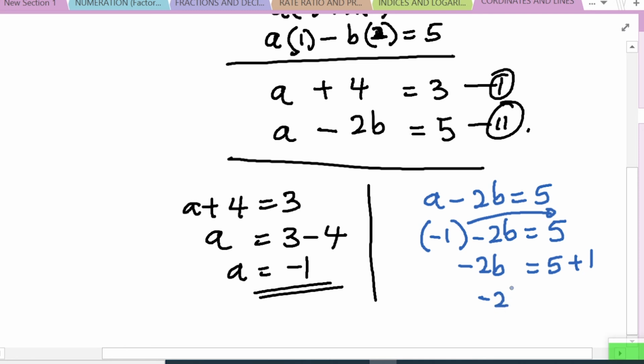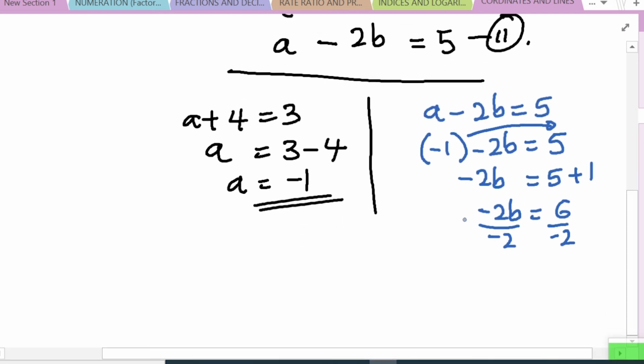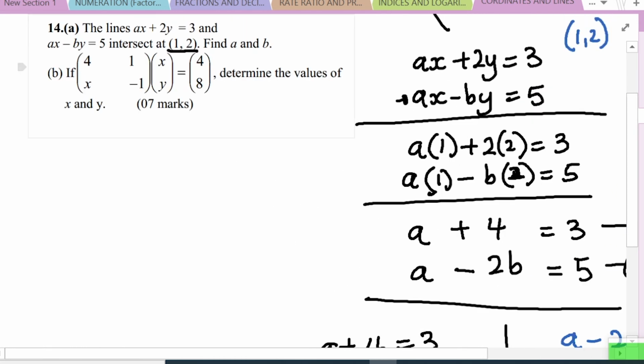So it is -2b, giving us 5 + 1, which is 6. Divide both sides by -2, and what we have is our value of b as -3. So a is -1, b is -3, and that's the answer. Moving on to part b of the question.